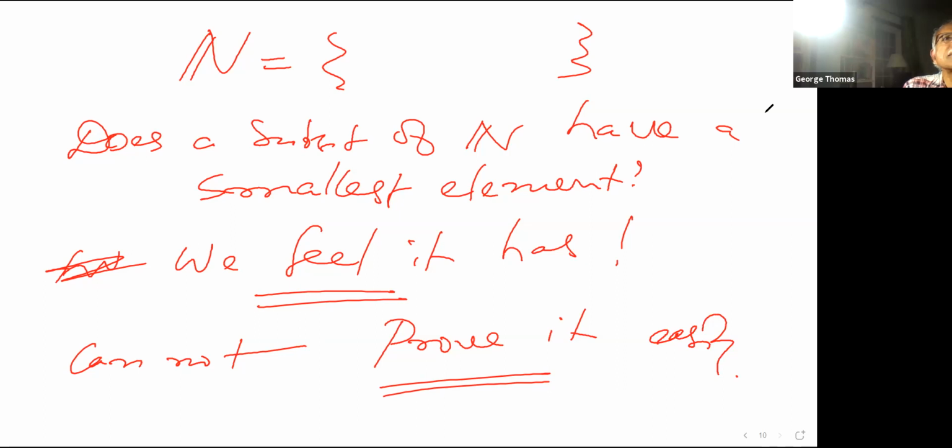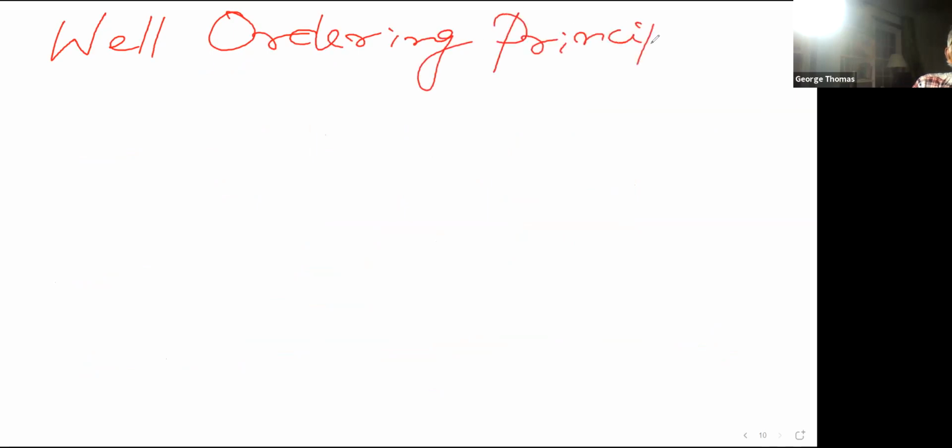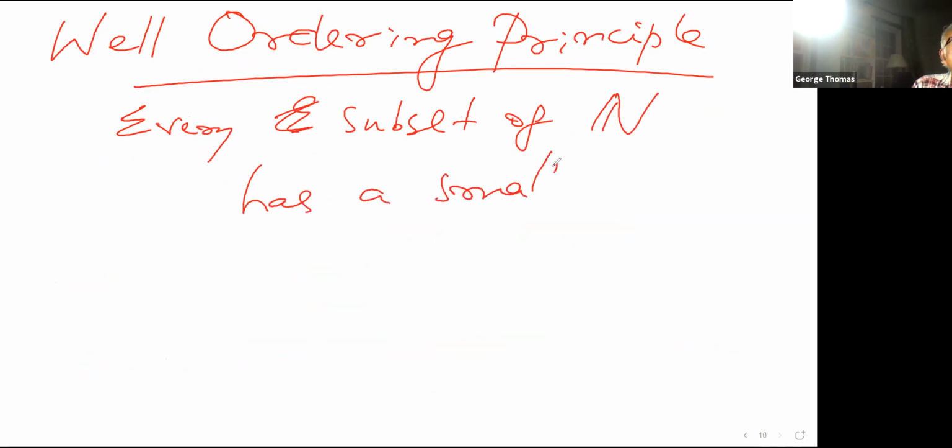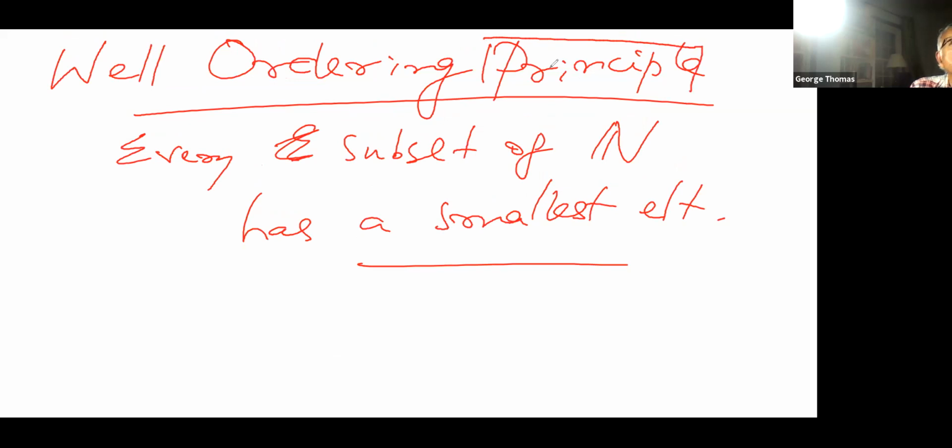That is why there is a principle. This is why we talked for 2 classes about partial order. Well ordering principle: every subset of natural numbers has a smallest element. This is called a principle because we don't prove it.